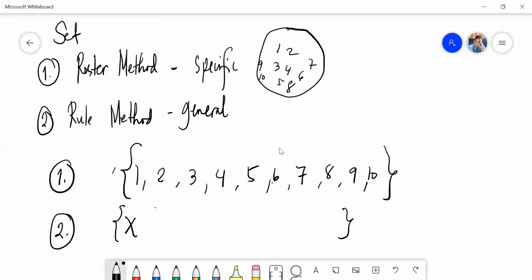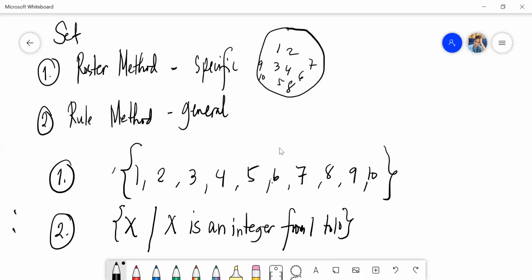So you define what your x is, such that, so this is read as "such that," or sometimes it is denoted by this symbol. So x such that x is an integer from 1 to 10. So that is the rule method.